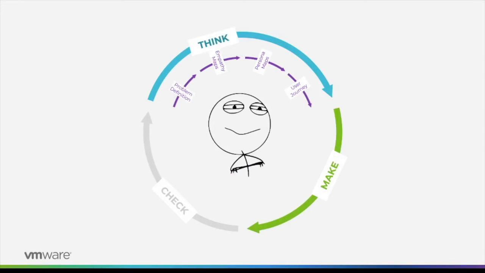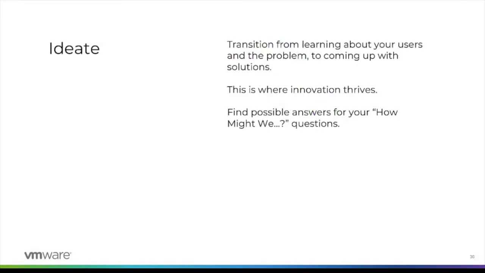So now that we've been through the think practices, let's move on to make. This is where our ideas become tangible for our users. Ideation stage helps us to transition from learning the needs and transfer those into potential solutions.